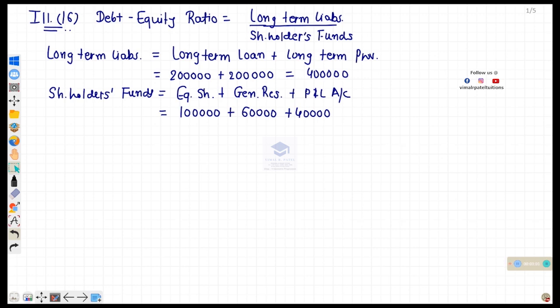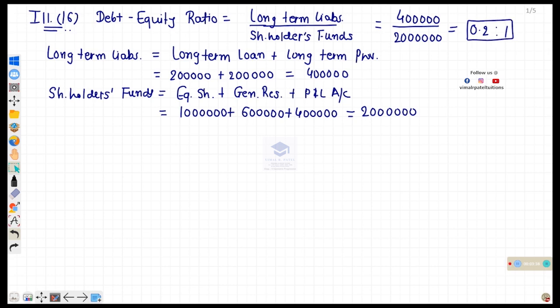Sorry, 10 lakh, 6 lakh, 4 lakh. So 20 lakh. Four lakh divided by 20 lakh. So it will be 0.2 is to 1.